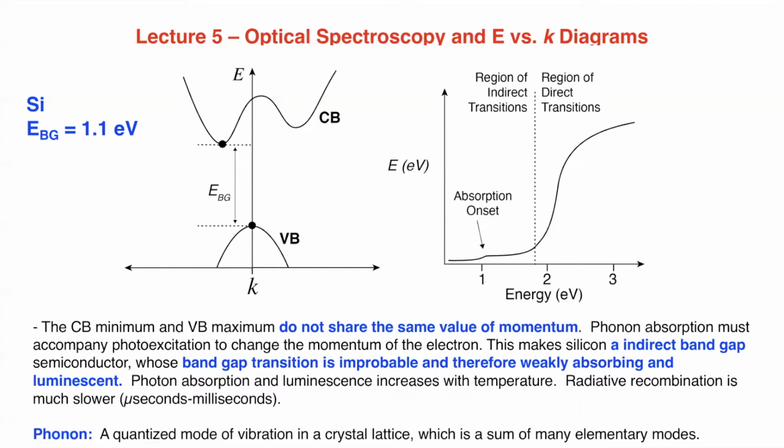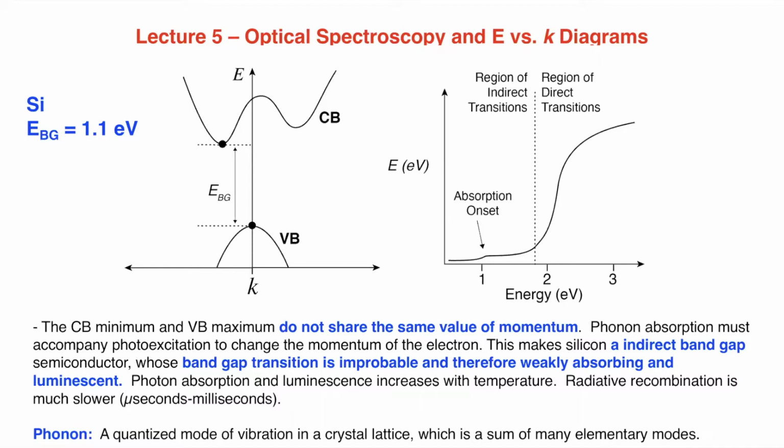And the photoexcited states in silicon are very long-lived. Now, the fact that the conduction band minimum and the valence band maximum have different values of k makes silicon an indirect band gap semiconductor. So indirect band gap semiconductors have valence band maxima and conduction band minima at different values of k.